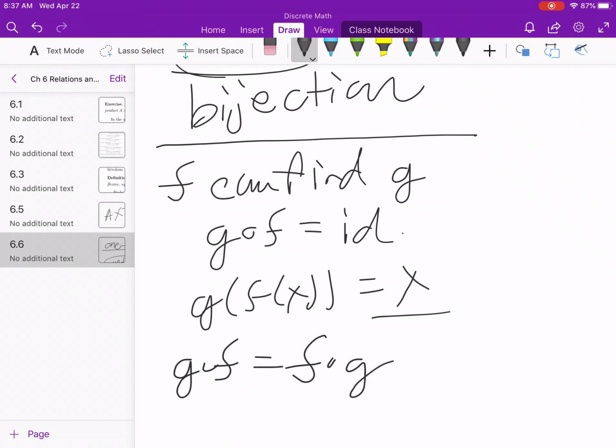So I can find both the left and right inverse for this. I'll call this g1, and I'll call this other inverse g2. So I have the left and right inverses for the function, and these just give me the identity map, where it takes something to itself.